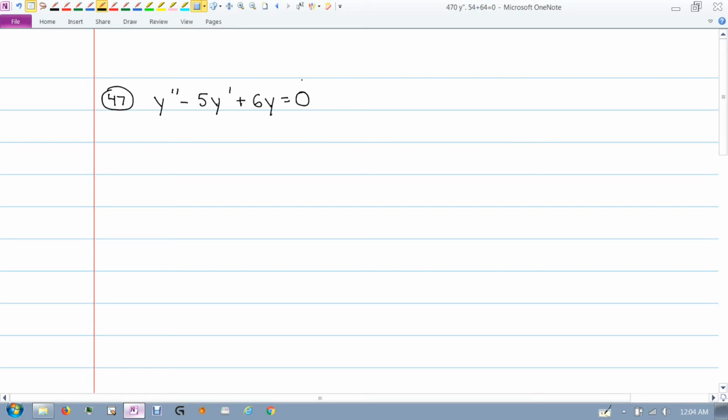And then they ask you to consider the function y equals e to the mx, and find the values of m so that this would be a solution to that differential equation. So to do this, we're going to take some derivatives so that we can plug in here. We need the first and second derivative.